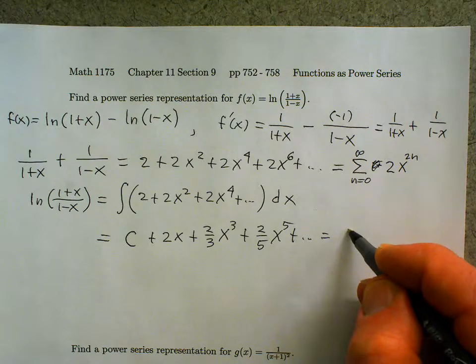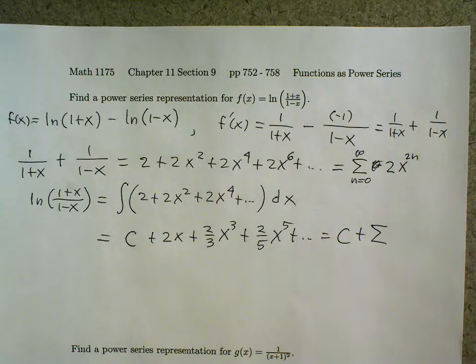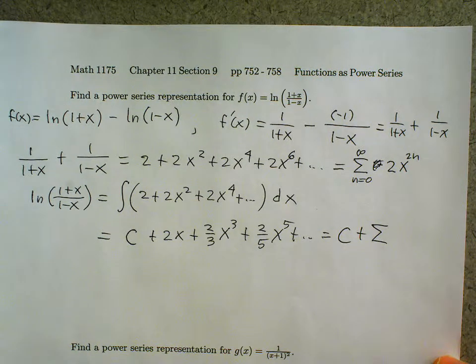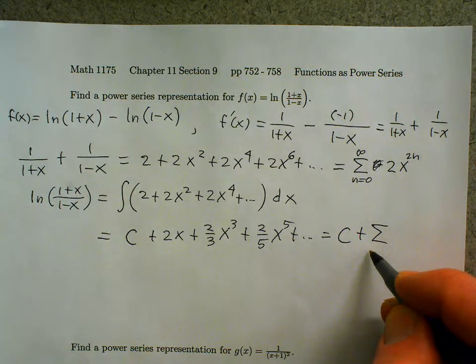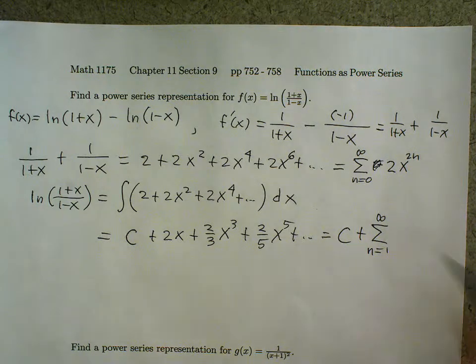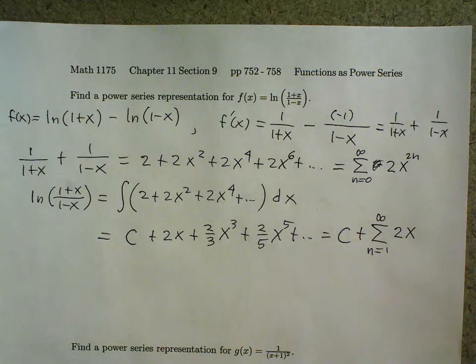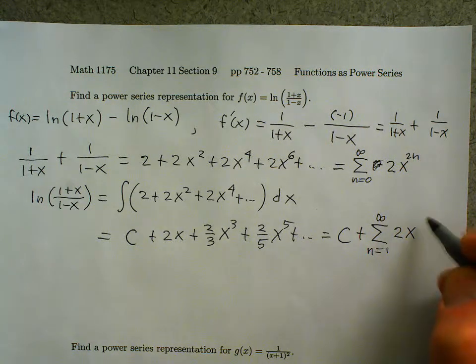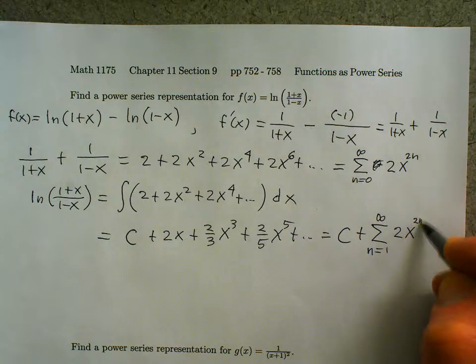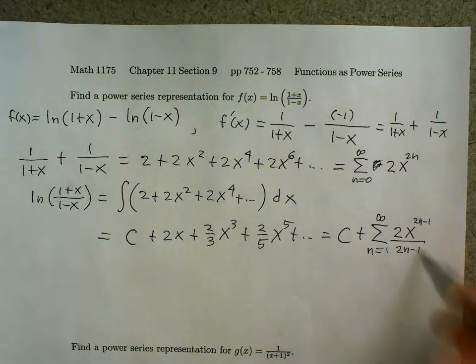So this is equal to c plus, and then in sigma notation, we can start this one at n equals 1, I think. So it's 2 times x to the 2n minus 1 over 2n minus 1.